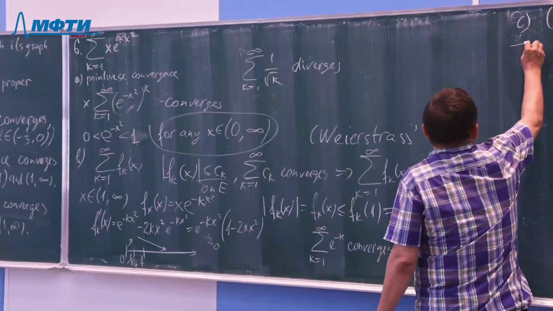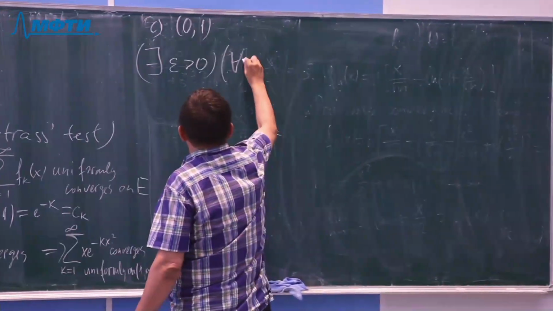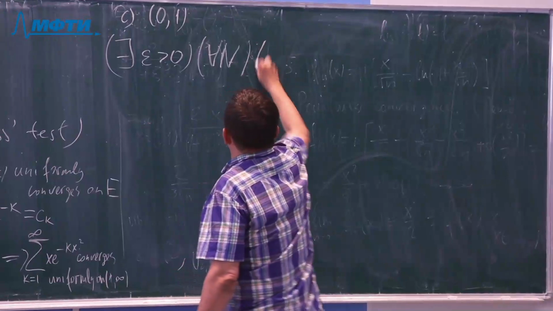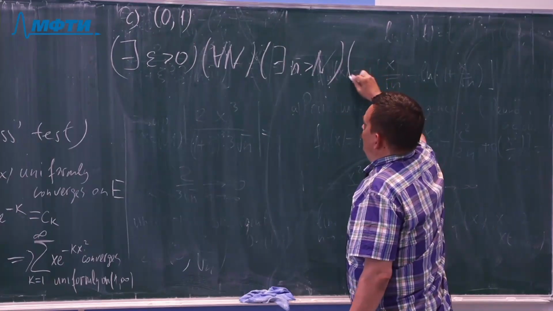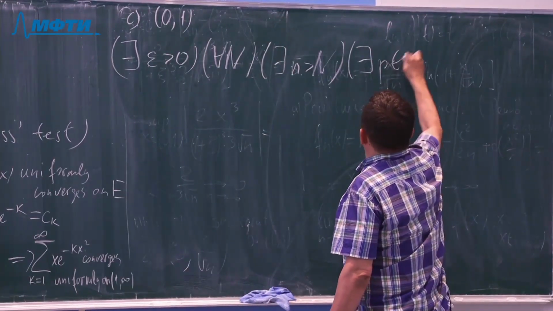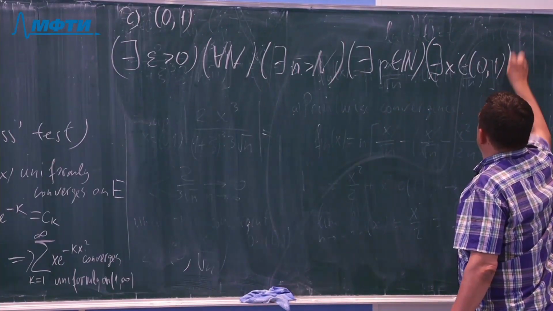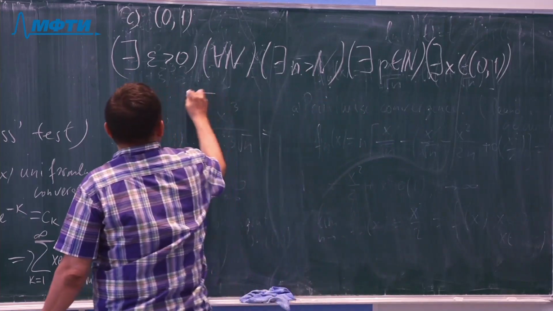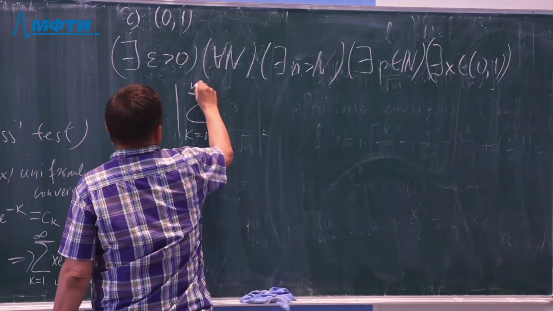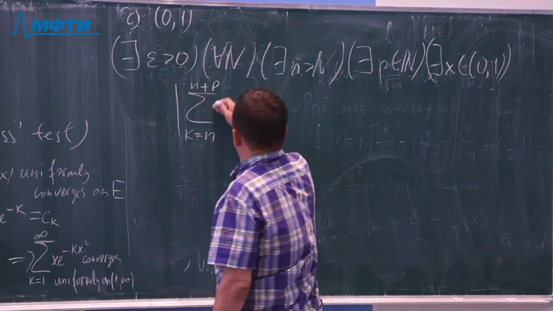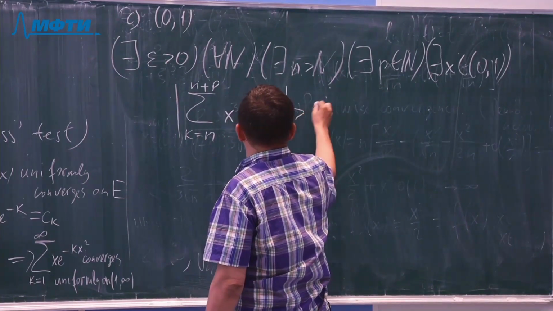There exists epsilon greater than 0, such that for all capital N, there exists n greater than this capital N, there exists natural P, and there exists x in 0, 1, such that the sum of x e to the power minus kx squared should be greater than epsilon.